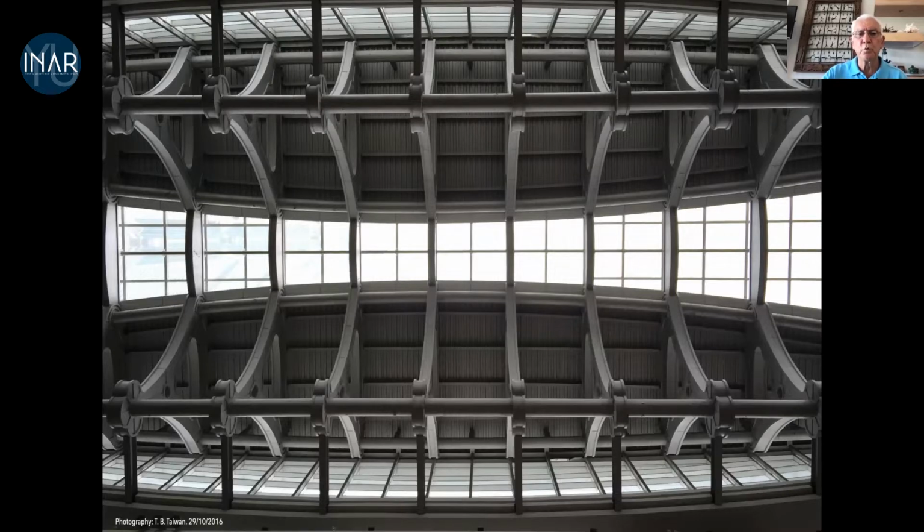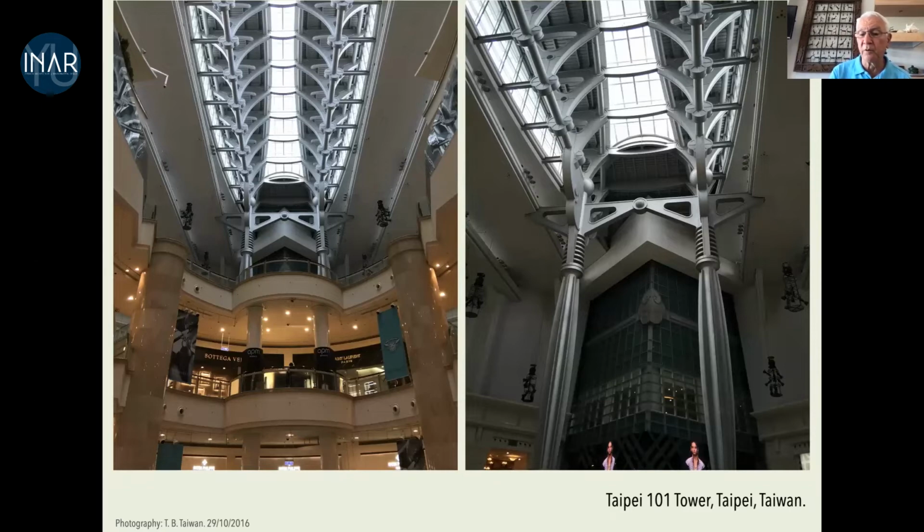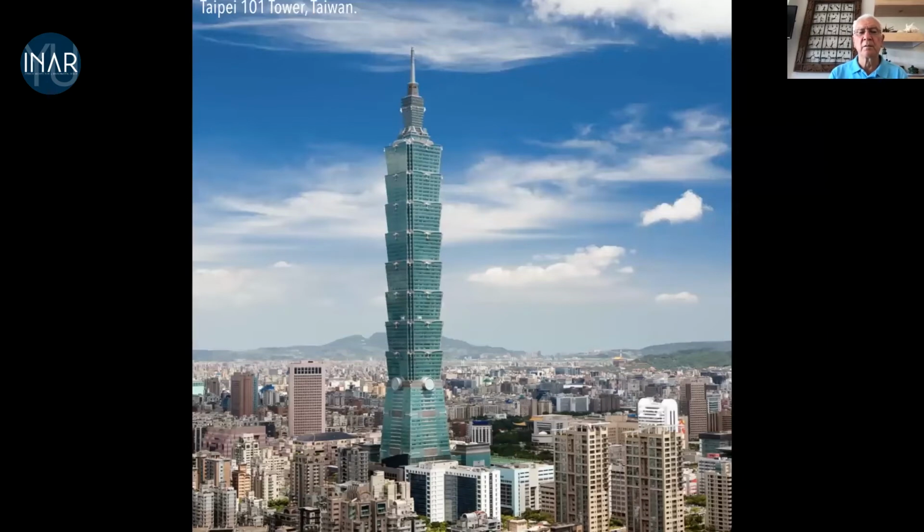So you have to use these lines, not only to express your ideas, but also to expose certain elements of your design. Well, this is Taipei 101 Tower in Taiwan, and I was impressed with the beauty of the structure and the composition of lines.